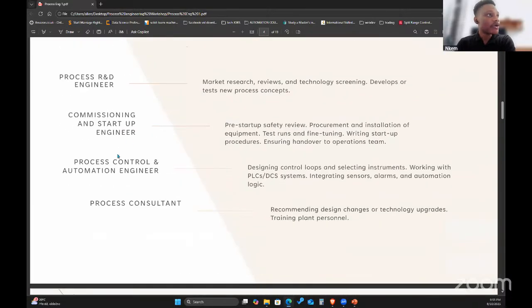Okay. So also you have the process control and automation engineer. This is the area where most people haven't gone to. You mostly find people from electrical, electronics, and computer engineering here, and sometimes instrumentation. They go into PLC programming and also the build-up of DCS systems.